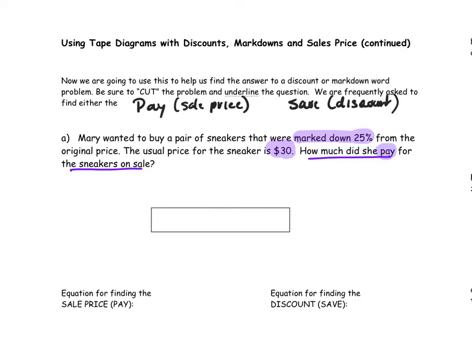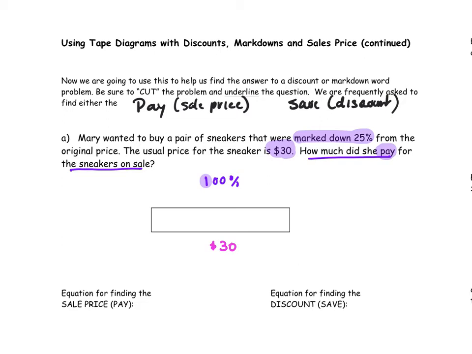However, the tape diagram will help us identify what we need. So we're going to start with our tape diagram knowing that the percent, the whole tape diagram is worth 100%, and the money they talked about was $30. So the part we should pay, if it's on sale, should be less than $30.